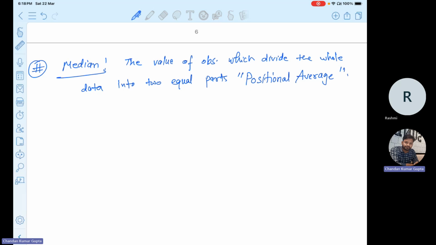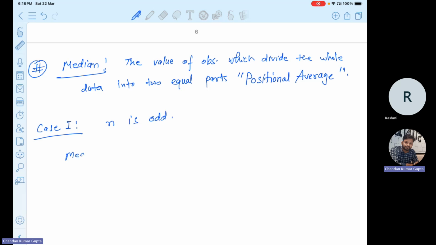There are different kinds of formulas to calculate different types of data. When we have discrete data like 1, 5, 7, 9, 11, we can calculate the median value. Suppose we have discrete data and the number of data is odd.